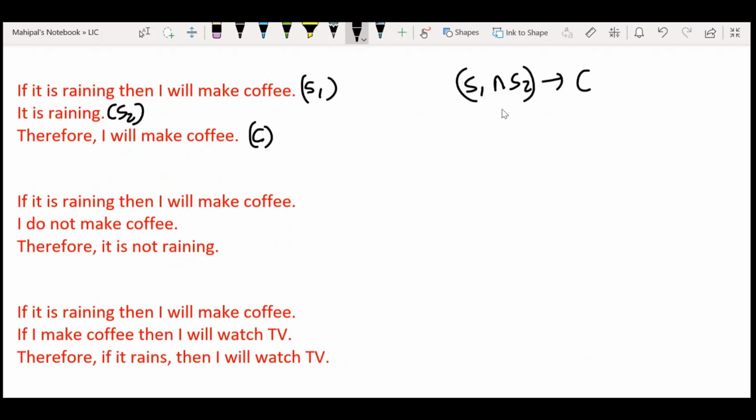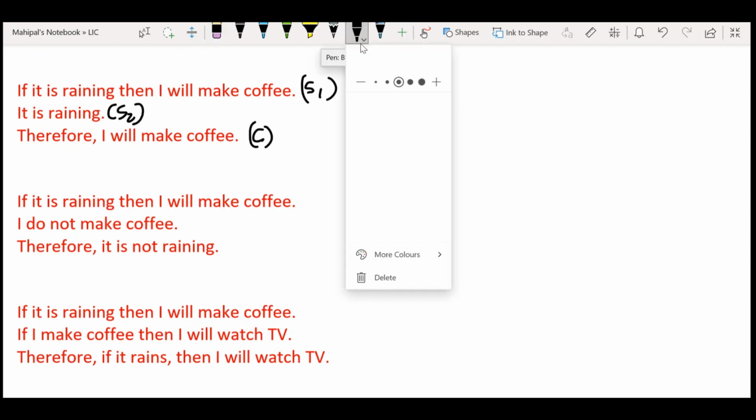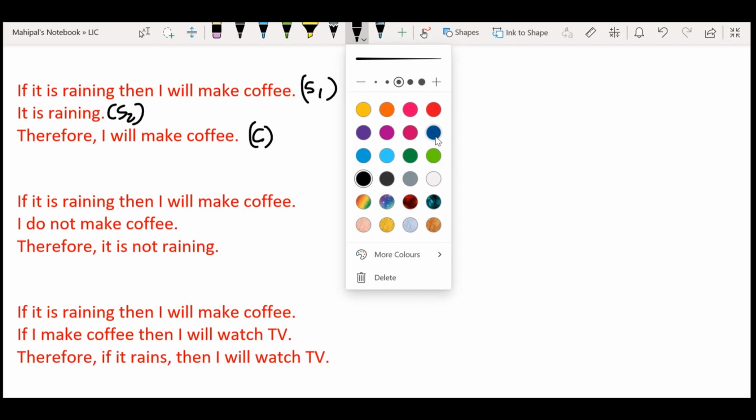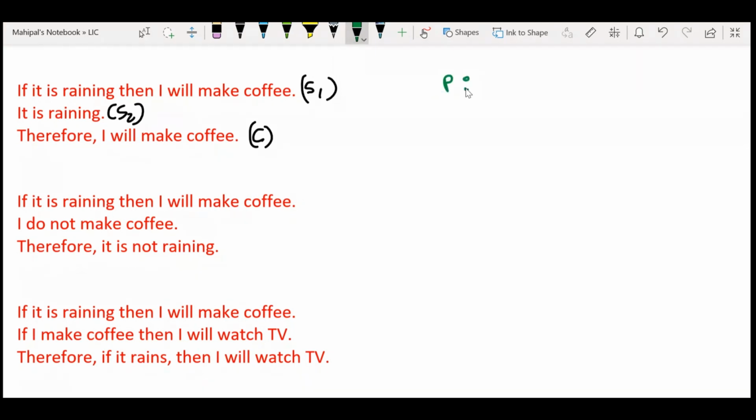Okay, it seems correct, but if we try to write this in terms of propositional logic, how should I write it down? I need to take some propositional variables. Which variables should I consider? Let P be "it is raining" and Q be "I will make coffee."